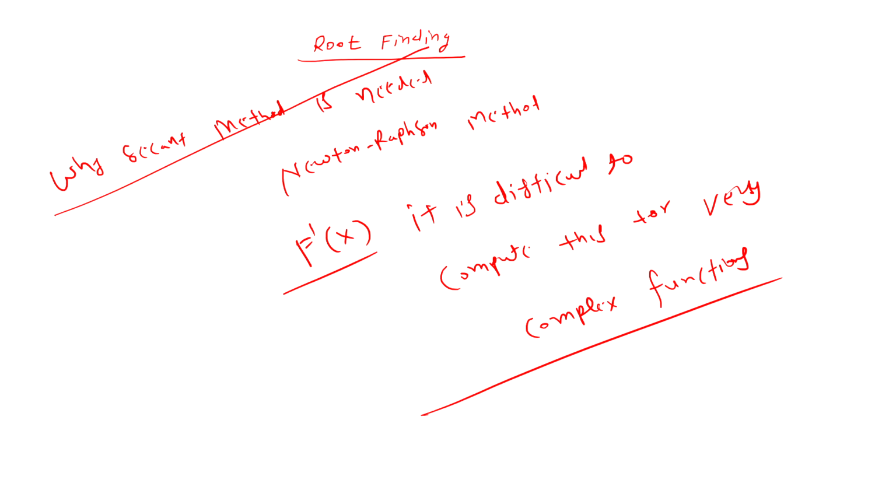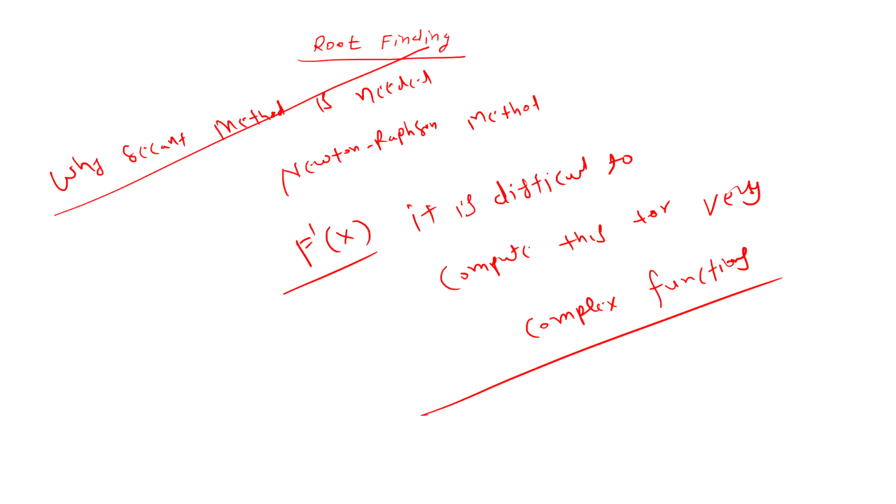Sometimes the function expression is so complex that it is very difficult to find out the derivative of it. So in those cases, the second method basically helps in finding the root, because we don't need the derivative at all. We just need the function value. If the derivative is not required, then the complexity is automatically reduced. So that is the idea why we need this second method.